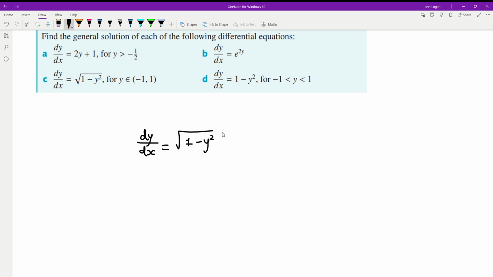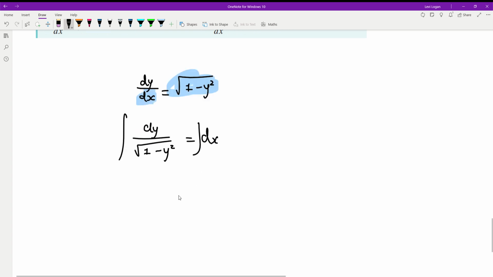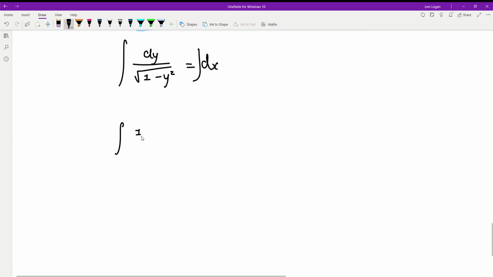So if I multiply both sides by dx and divide by the square root of 1 minus y squared, I'll get this following expression. So literally just swapping these two around, you get dy divided by square root of 1 minus y squared equals dx. Now if I integrate both sides, I can see straight away this is straight up an inverse sine.